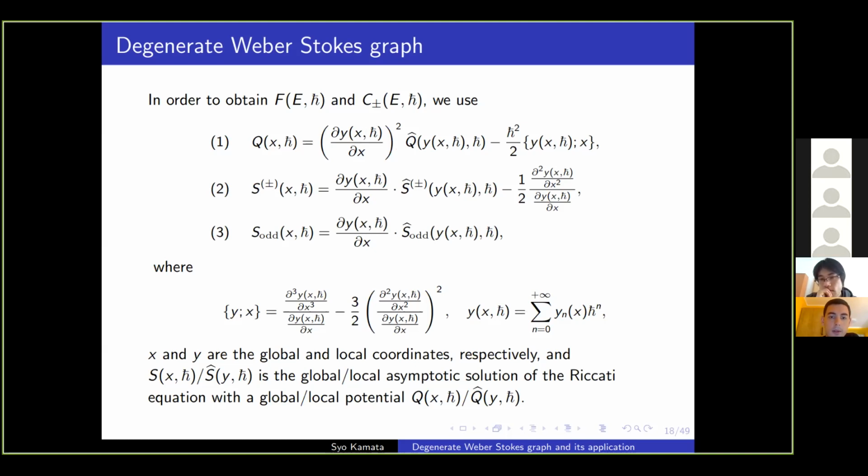Okay, then did you prove that it is Borel summable? And if yes, on which domains in the x? Yes. Borel summability depends on the imaginary part of ħ. So it's the same as the Airy case.